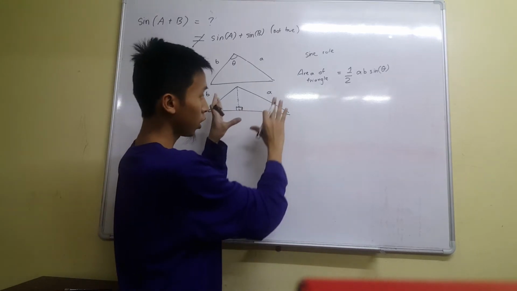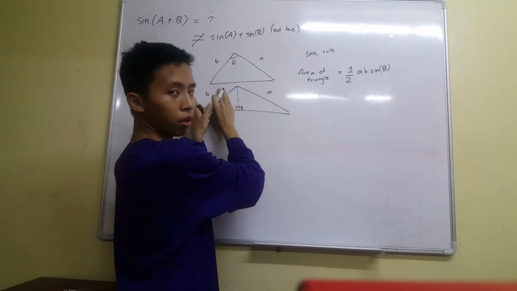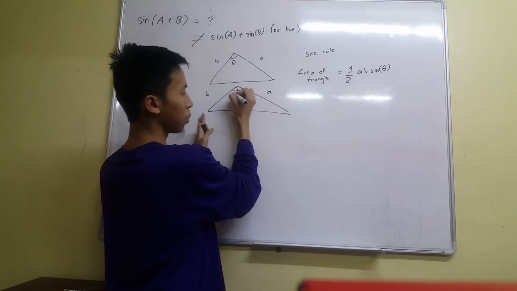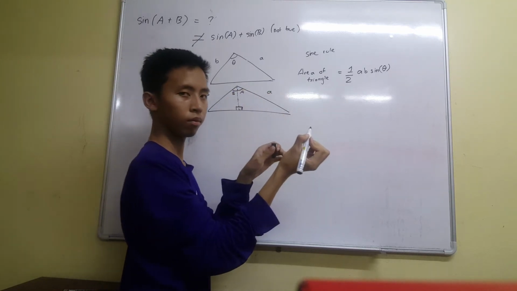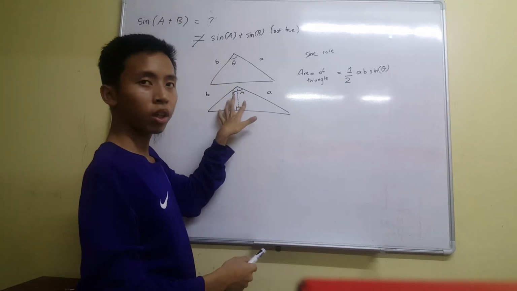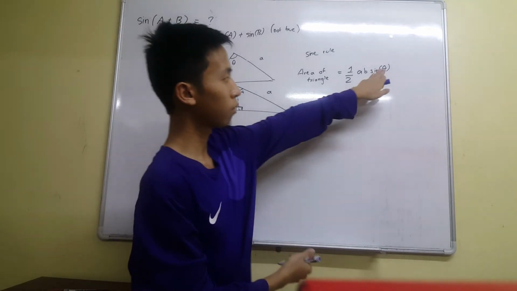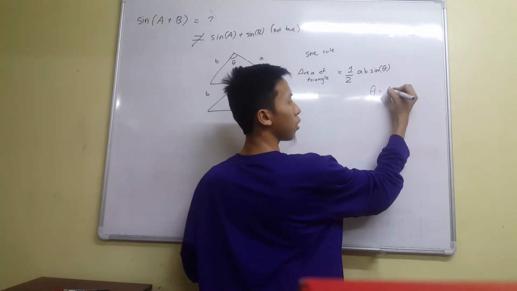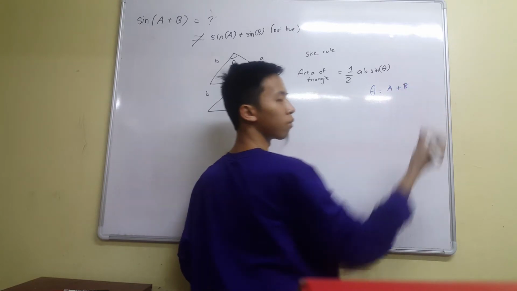The split gives triangle A and triangle B, and as for the angles, this would be A and this would be B. From this alone, you can conclude that theta is equal to A plus B.